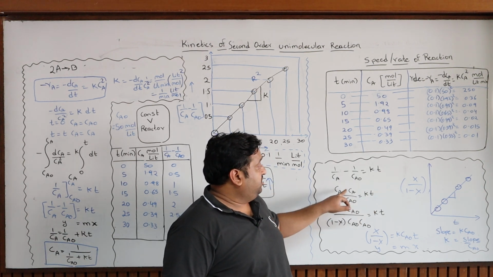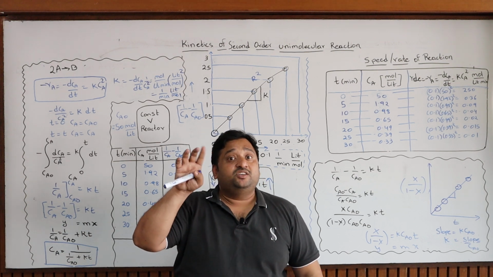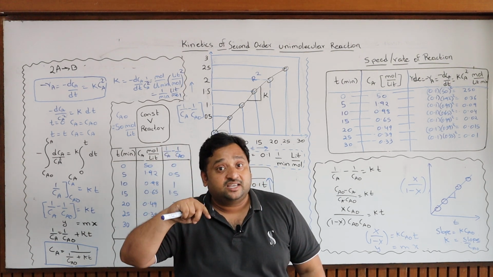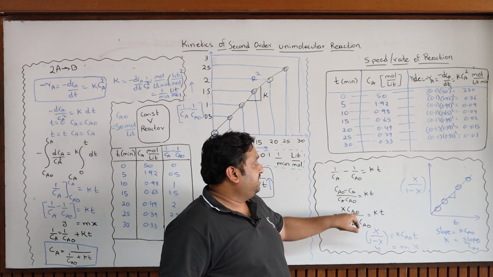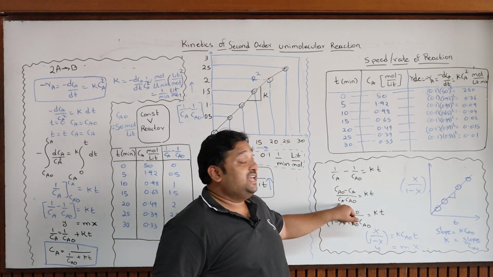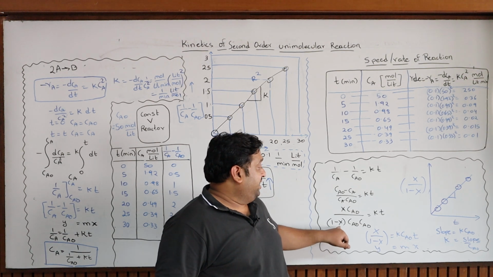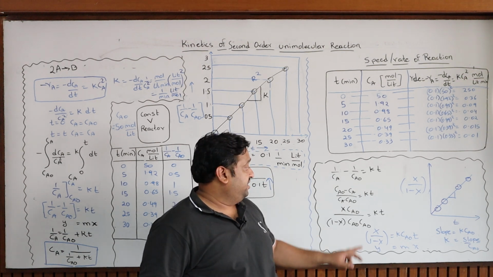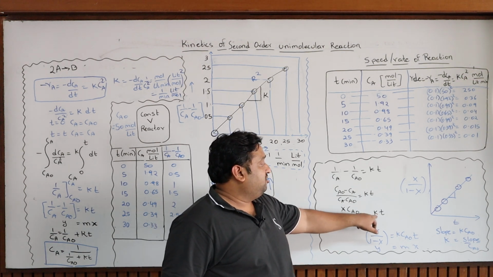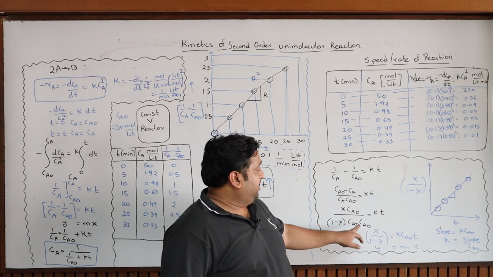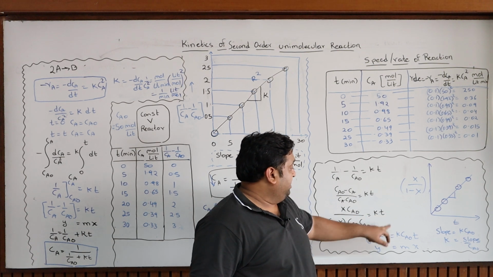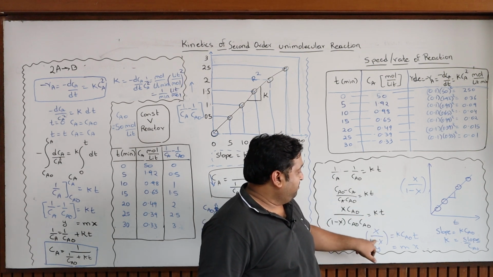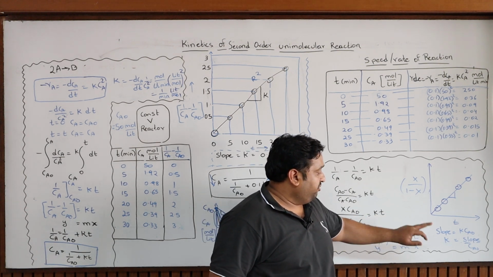I know Ca0 minus Ca by Ca0 is equal to x, so Ca0 minus Ca is nothing but x times Ca0. What is Ca? It is 1 minus x into Ca0. Now one Ca0 cancels out, and the final equation is x by 1 minus x is equal to K Ca0 into t.